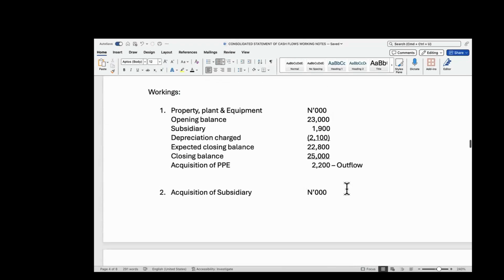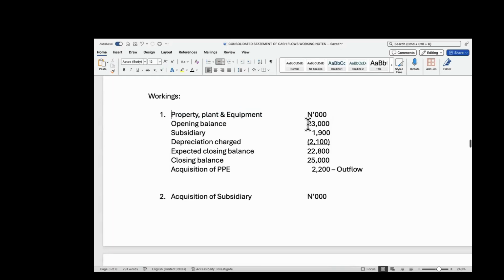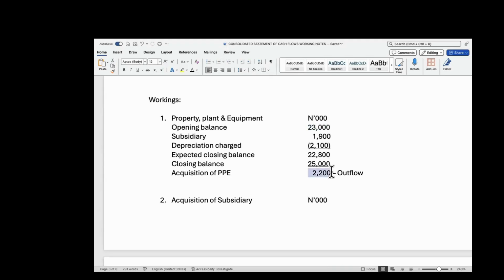You know that PP gives us consolidated opening and consolidated closing. Consolidated will include assets of the parent and the subsidiary. So when you are doing the movement, it should be the opening plus any assets that you acquired of the subsidiary that year, minus depreciation, which will give you the consolidated closing.